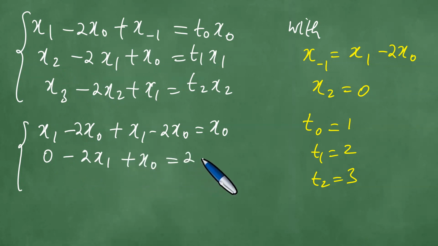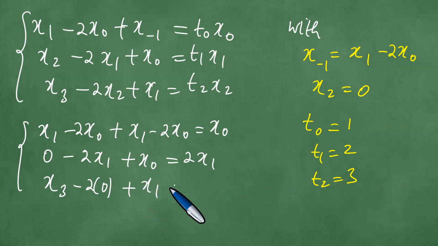T1 is 2x1. x3, we don't know. x2 is 0. x1, we leave it because it's x. We don't know this one. T2 is actually 3. x2 is 0.